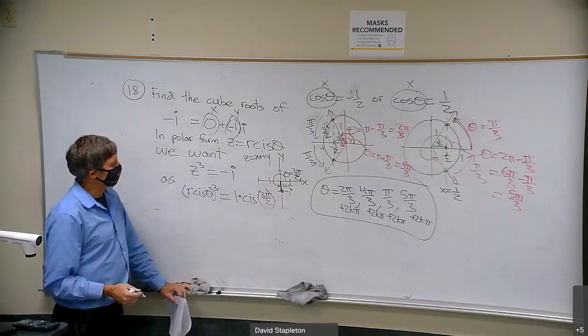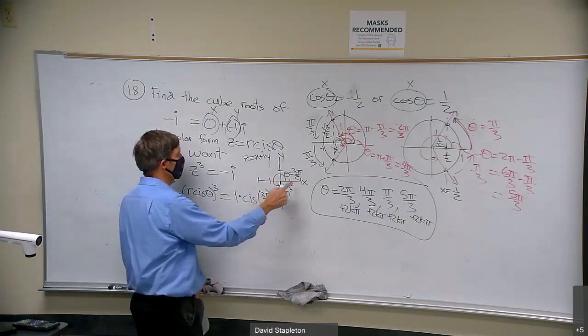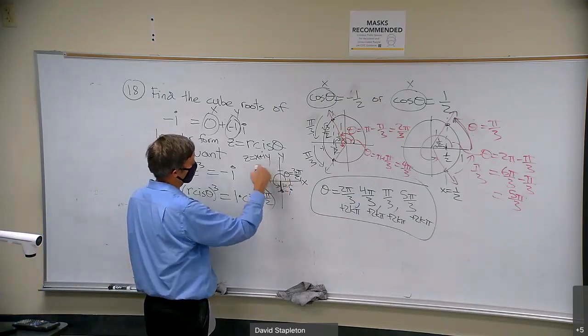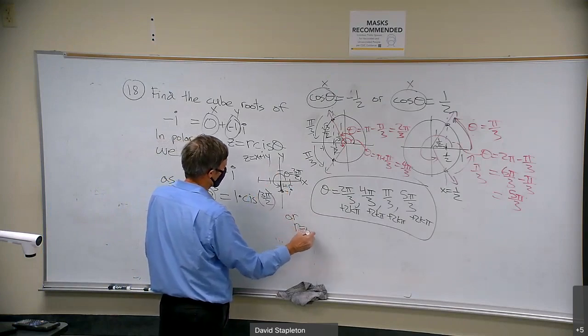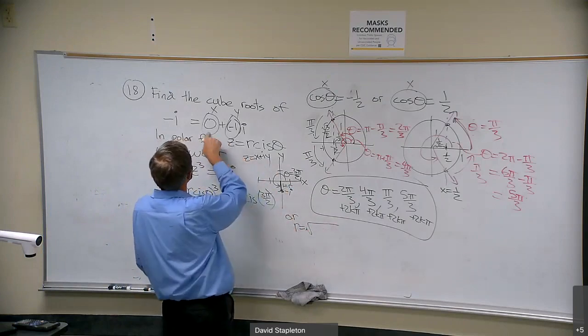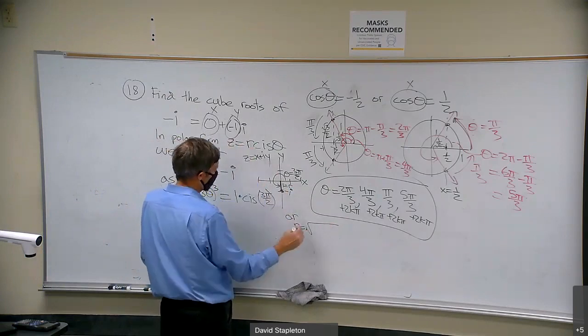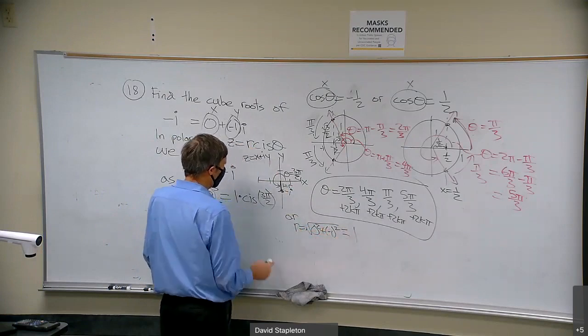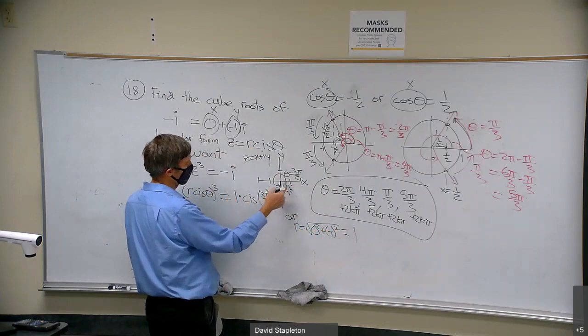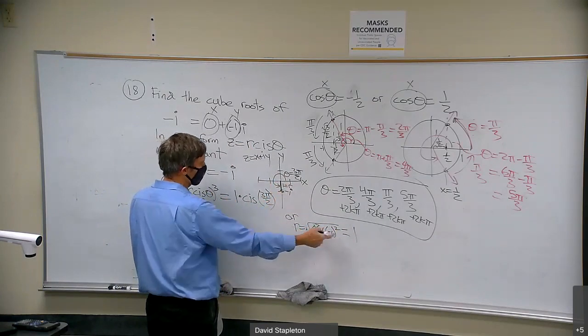Now, if it's not such an obvious one, I know where to plot minus i, maybe it's 5 minus 6i or something like that. I can always compute it like this. r is the square root of x squared plus y squared, without the i in here. It's 0 squared plus minus 1 squared, not minus i squared. The square root of 1 is 1, so you can get r that way too. You can look at the picture, so it's 1 unit from the origin, or computed.